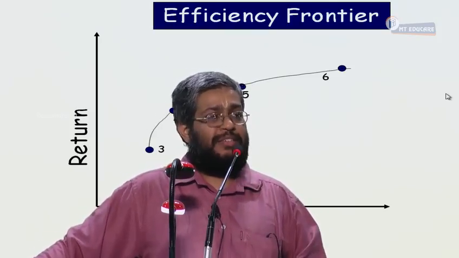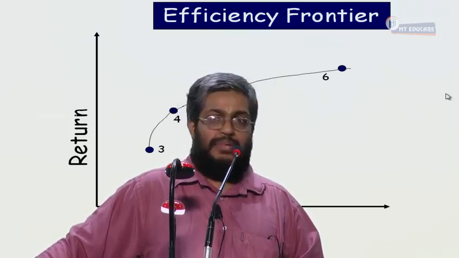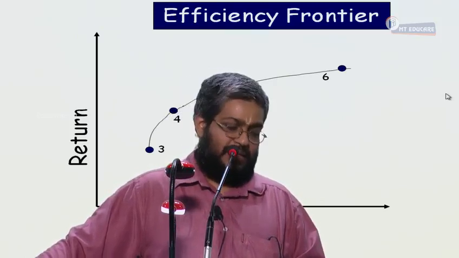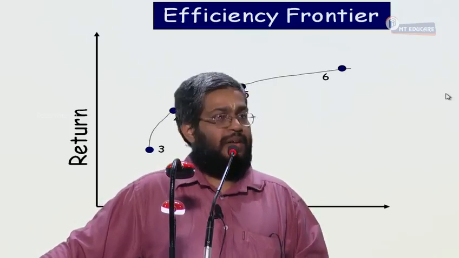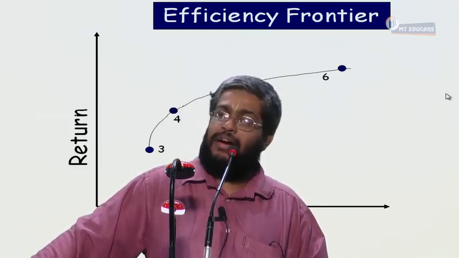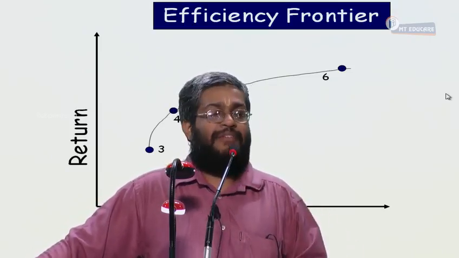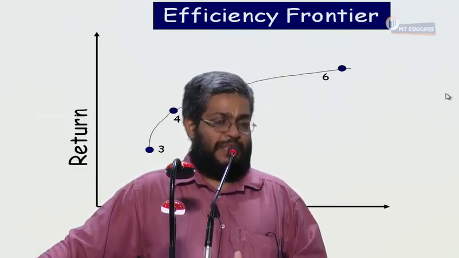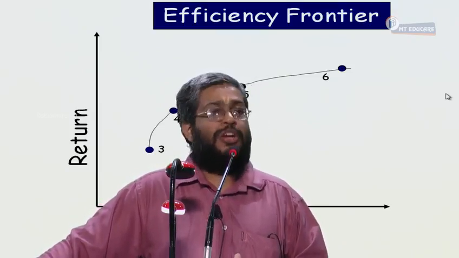Second branch, risk neutral. Third branch, risk averse.